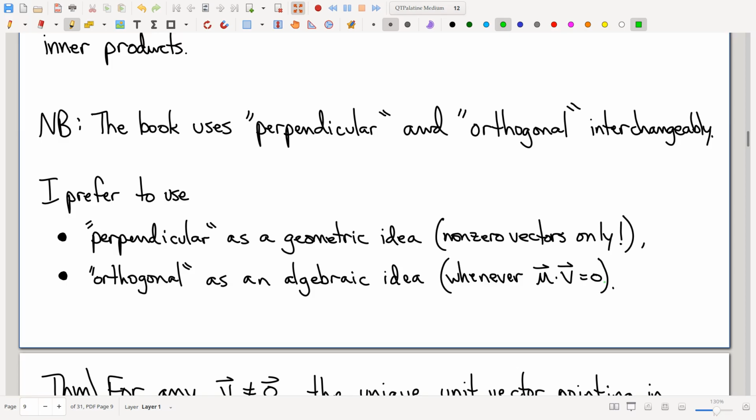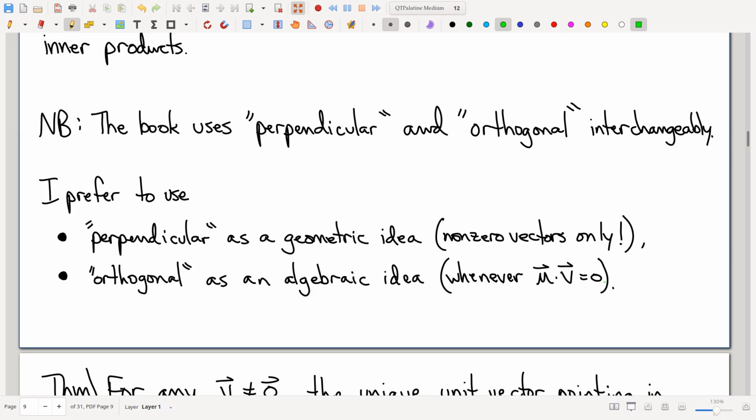And again, I'm going to confess in advance. I wasn't brought up right on this, and I've done my best over the years to train this out of myself. But I will sometimes say perpendicular when I meant orthogonal, and I will sometimes say orthogonal when I meant perpendicular. I'm sorry in advance, and I'm doing my best.